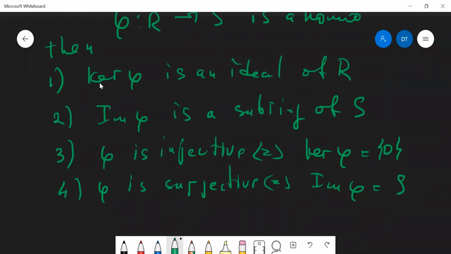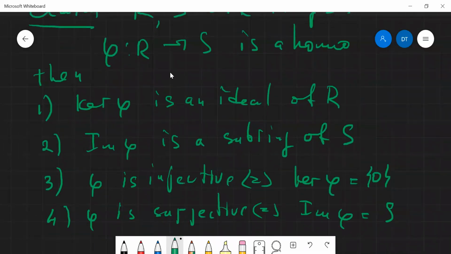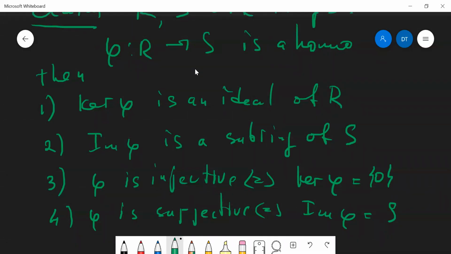If you remember, we have exactly the same claim, but for the groups. And in case of groups, the kernel was a normal subgroup and the image was just a subgroup. So here, as you can see, the notion of the ideal is somehow an analogy of the normal subgroup in the case of a group.